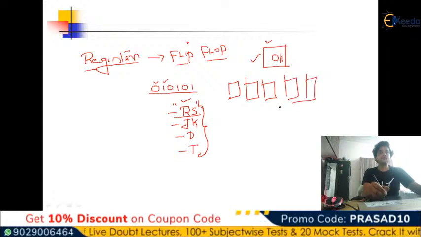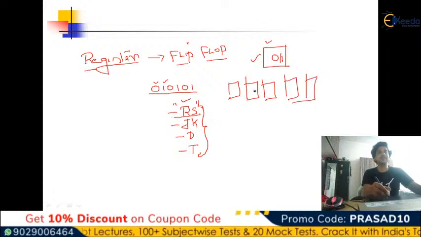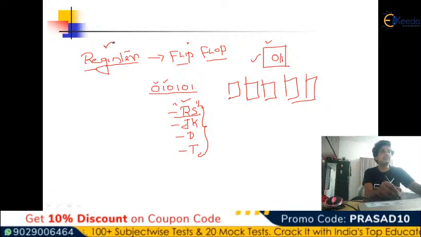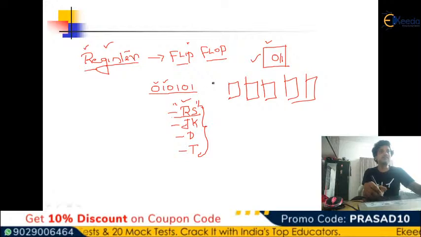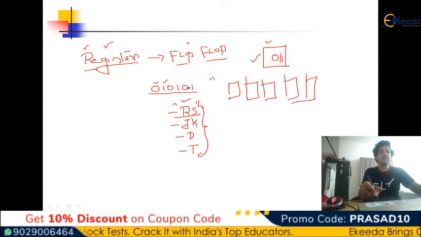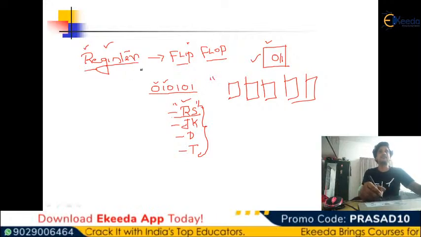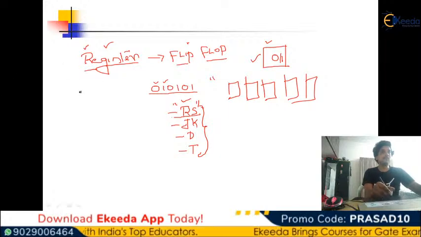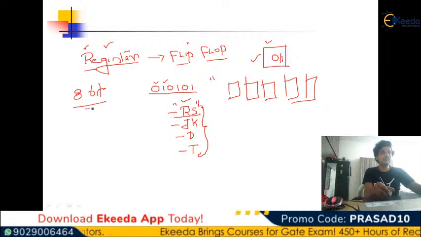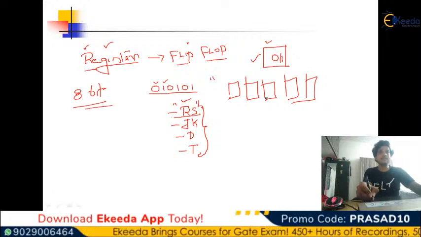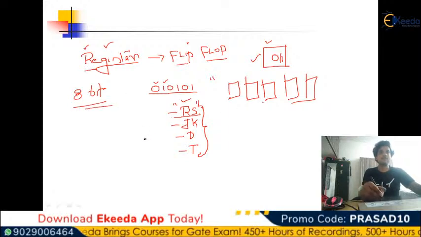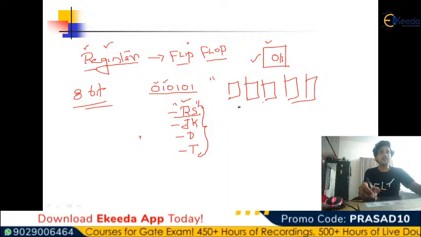Now here is exactly the definition of a register you have seen. A register is a set of flip-flops. If you want to store an 8-bit number, you require a collection of 8 flip-flops together.